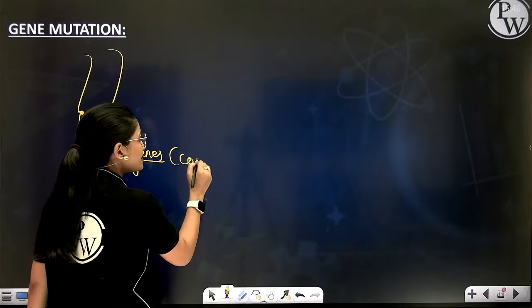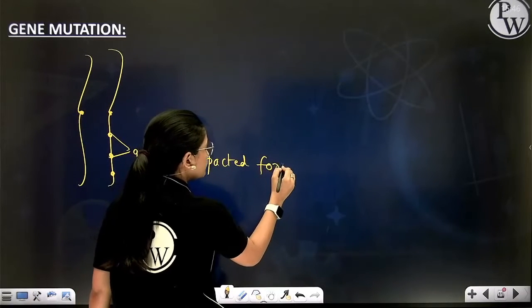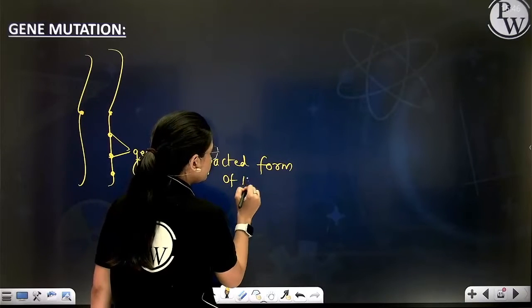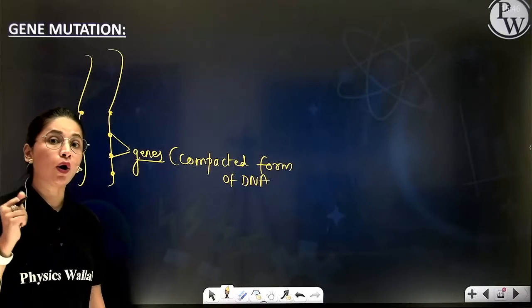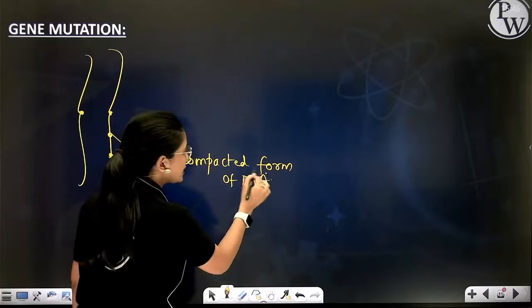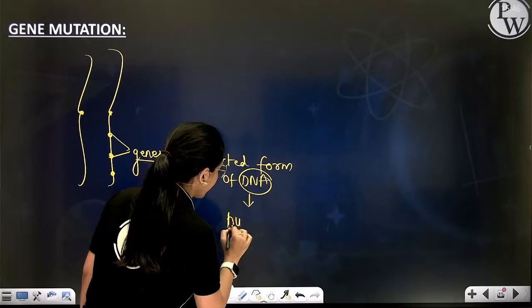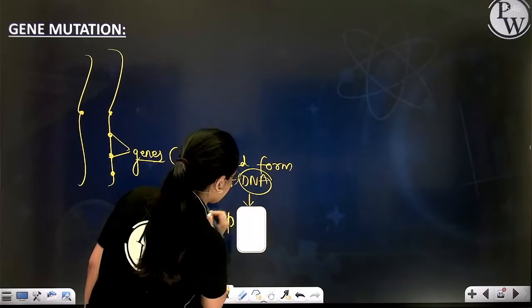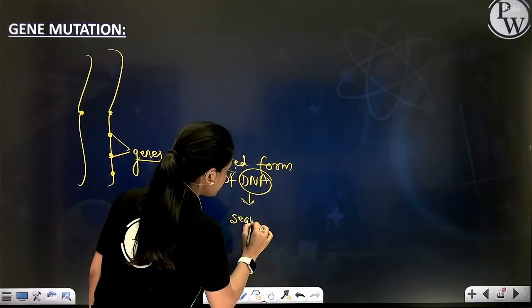Beta, genes are nothing but the compacted form of DNA. And what is DNA? DNA is a polynucleotide. DNA is basically a sequence of nucleotides.